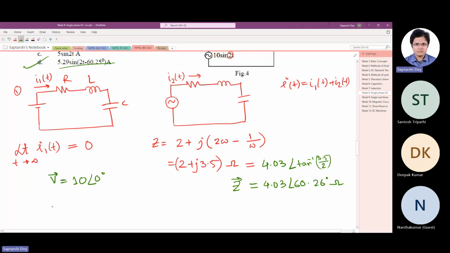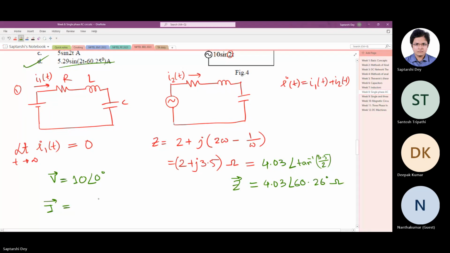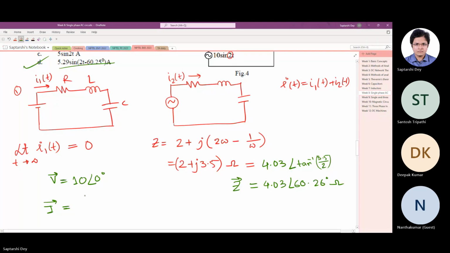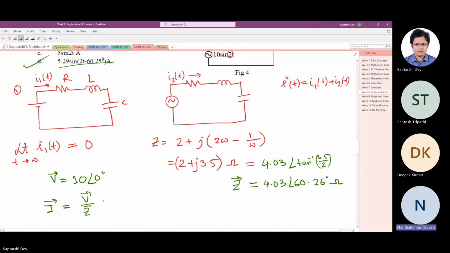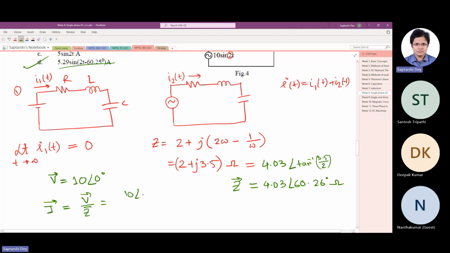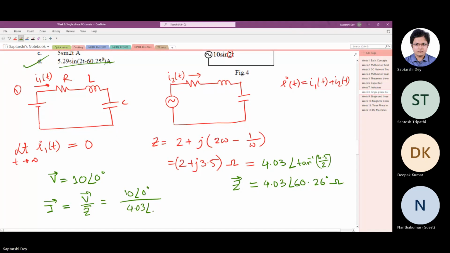So what is the current vector? Current vector is V by Z, which is 10 angle 0 by 4.03 angle 60.26 degree, which gives you 10 by 4.03 will give you 5.29. Let us not believe them. 10 by 4.03.